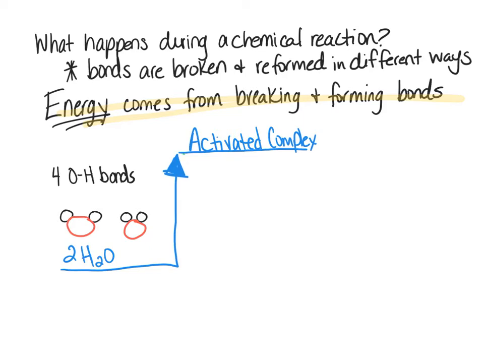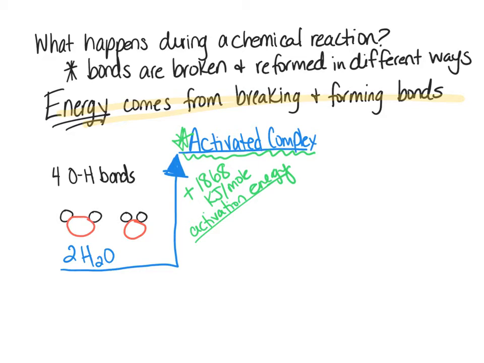So at that point, I now have an activated complex. I've had to add 1,868 kilojoules per mole. That's going to be the activation energy. That's how much energy I need in order to get this reaction going. So that's my activation energy, and I'm now activated.